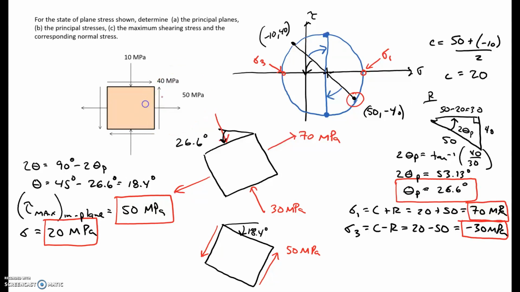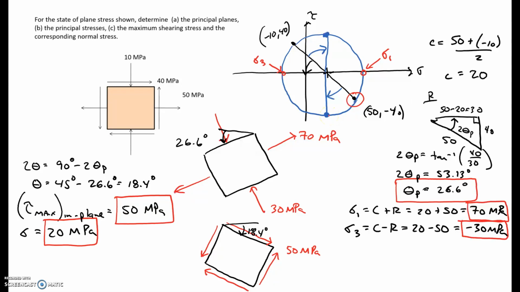You can step through the reasoning here to find out what happens on the top and bottom of the element, but of course you're going to get complementary shear stresses, so you're going to get the head-to-head, tail-to-tail on the other side, and it should be 50. For the normal stress, again, the center of the circle shows you that you're not getting rid of your normal stresses.